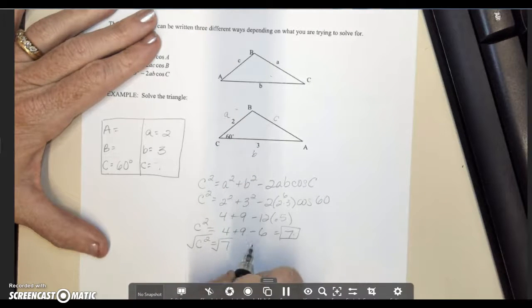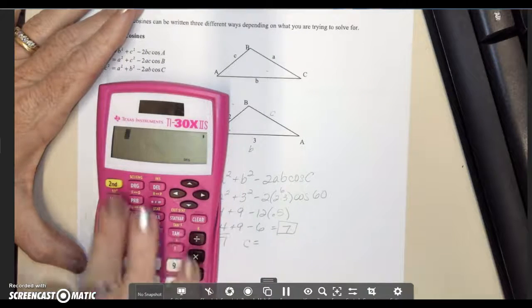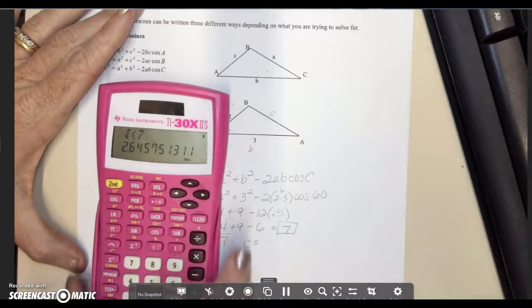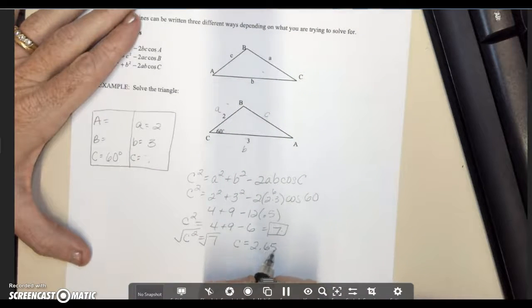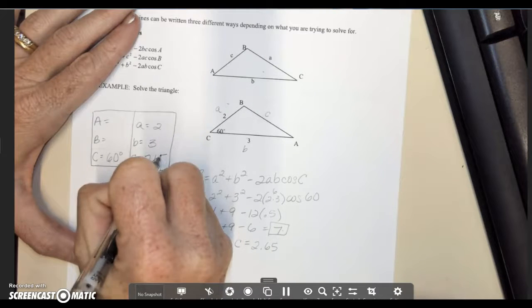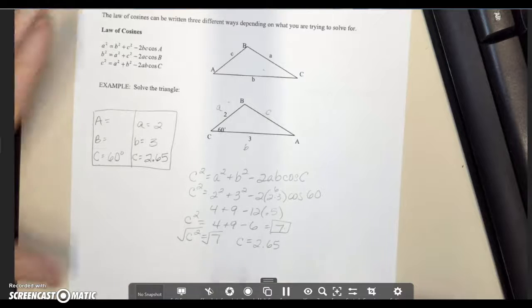So C squared equals 7. In order to find C, I need to take the square root of 7, which is 2.65-ish. 2.65, which makes more sense because that 60 is probably going to be our in-between angle.